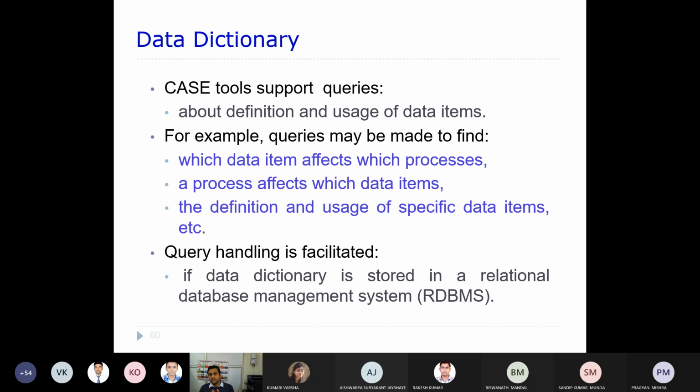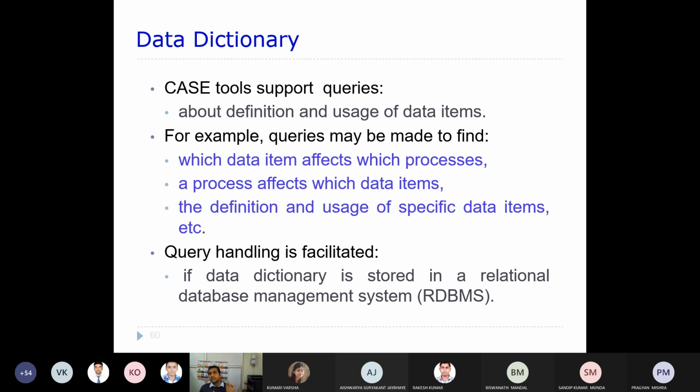Because I told you there are thousands of data items, and these are taken from the DFD. So at any point of time, the customer or the developer may pick, let's say, four data items and want to know which particular process, function or bubble they are related to. That is what you are able to get.